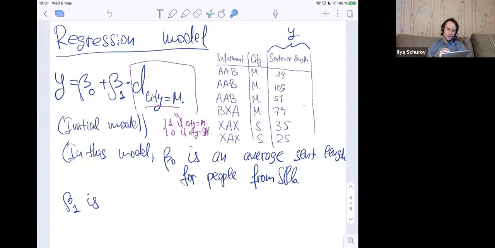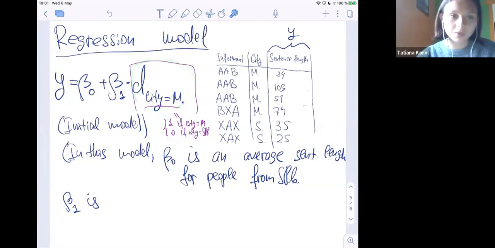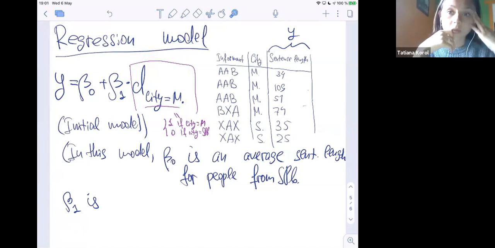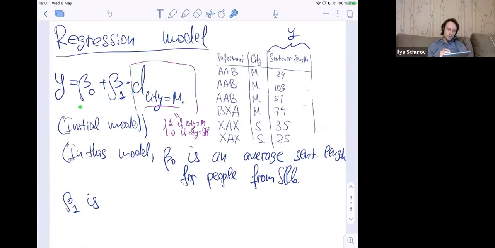It equals beta 0 plus beta 1, exactly. So for people from Moscow, average Y equals the sum of these two values.